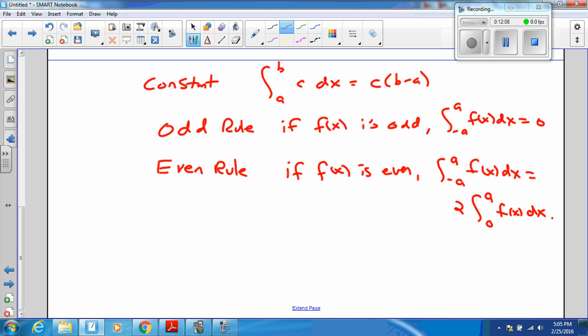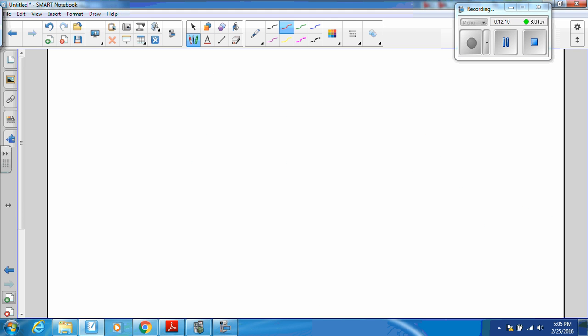Finally, I want to consider a couple of properties that we might call bounding properties. What we're going to do is come up with a way to compare integrals to values here. And we saw one of these already.